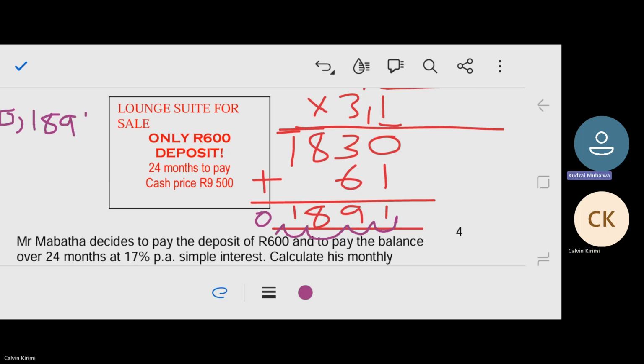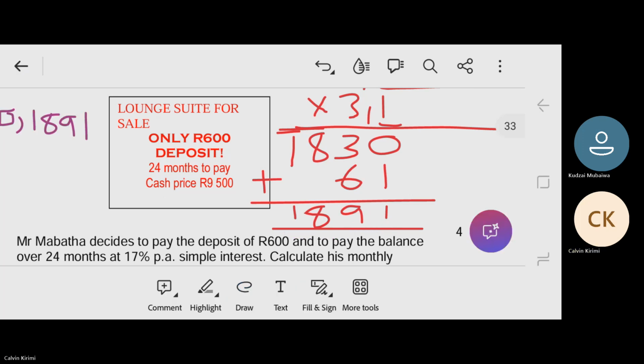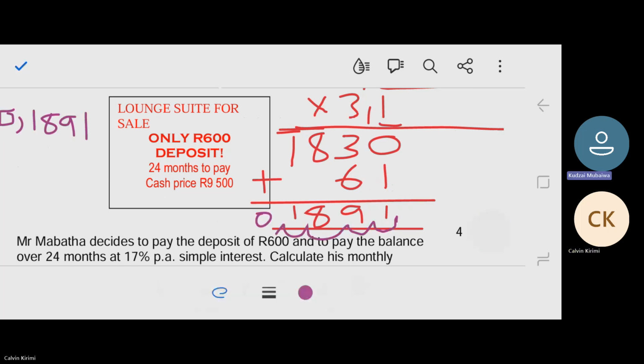How do you write this number in standard form? Can I please just write it down? Are you done?